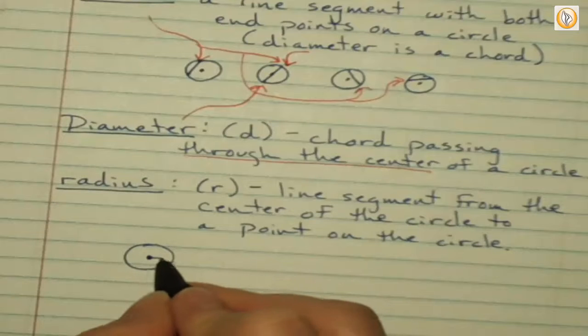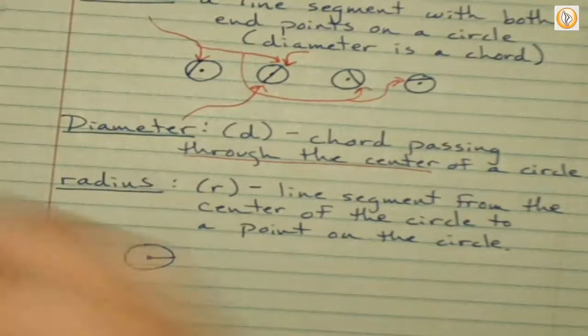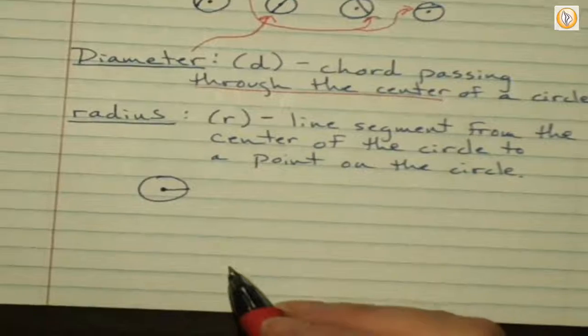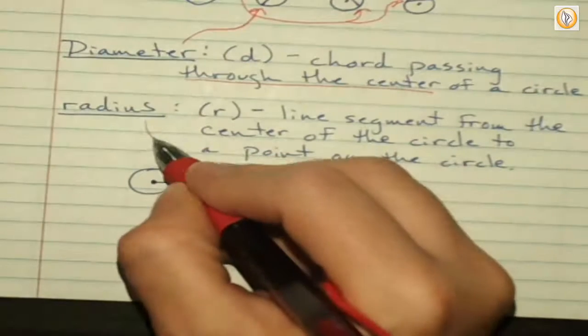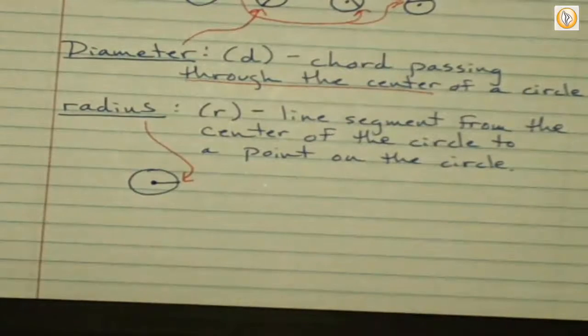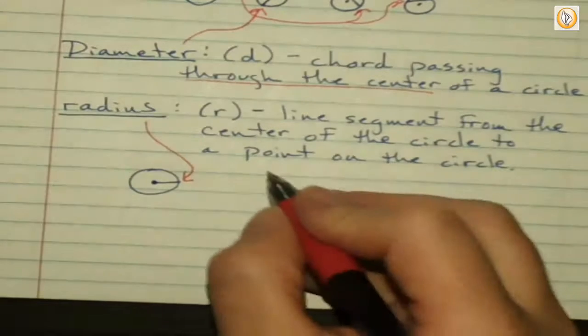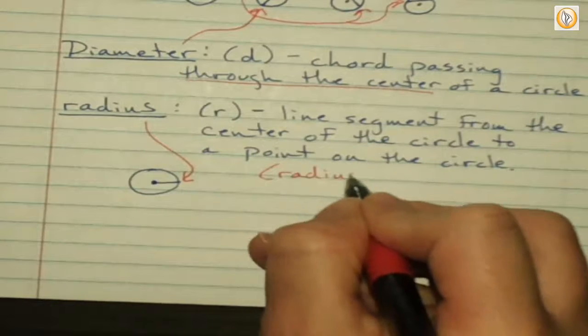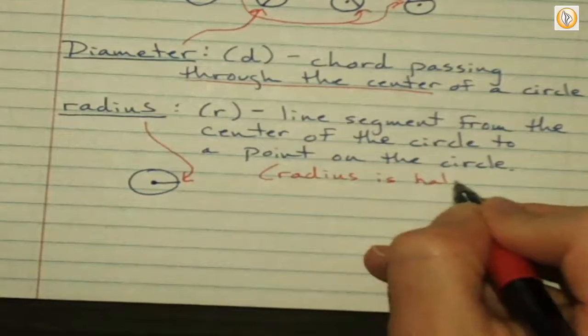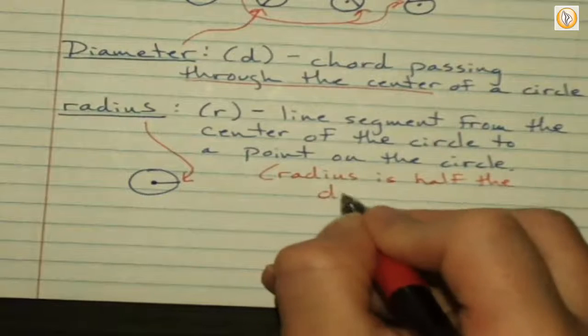So for example, this would be your radius. So diameter goes all the way through from one end of the circle to the other end. Radius is half of that. So radius is half of the diameter. In fact, I'm going to write that. Radius is half the diameter.